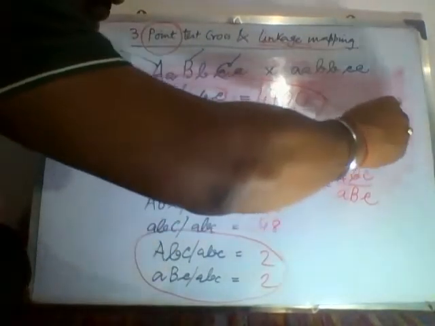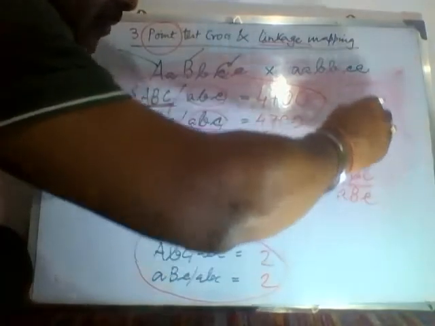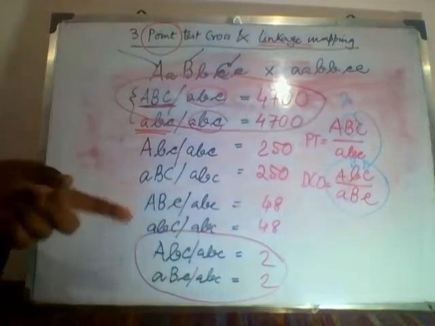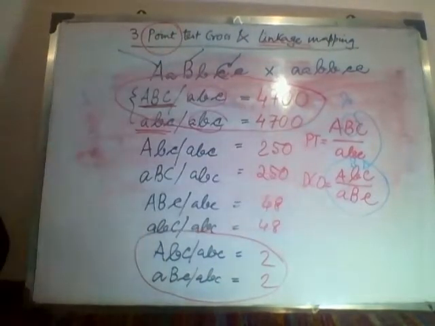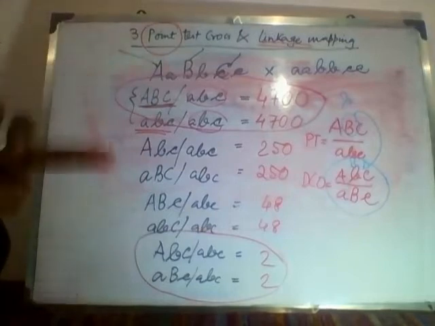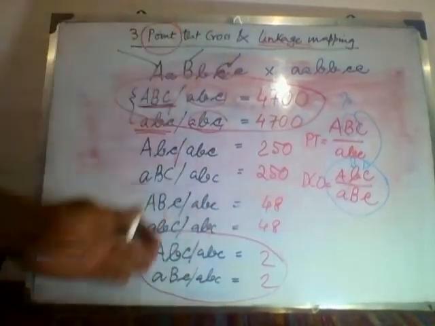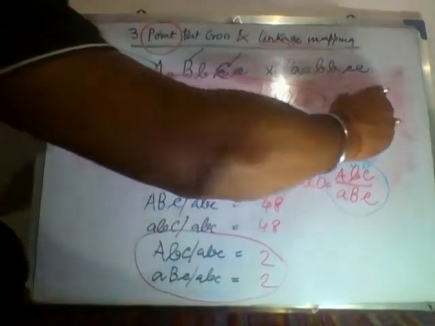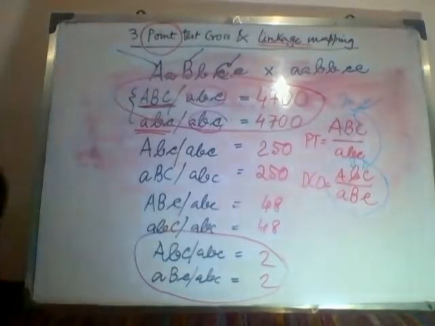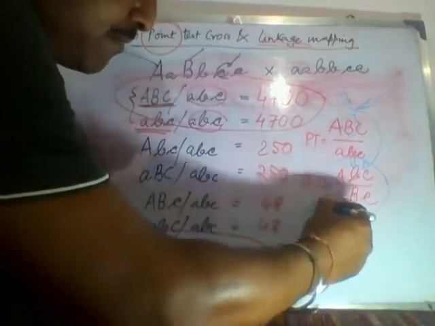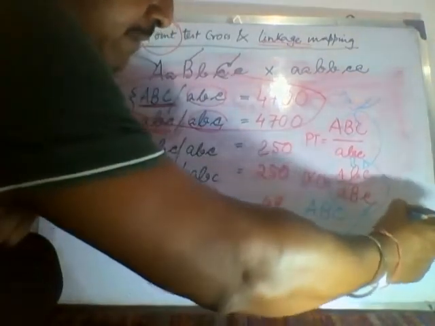If the B gene changes its position and comes down, then you really get the DCO type, the double crossing over type. If you can identify through flipping of which gene from the parental type you get the DCO type, be sure that that very gene is situated in between, right? So for this numerical problem, the B gene is situated between A and C. So the order of the genes is either A, B, C or it can be C, B, A.